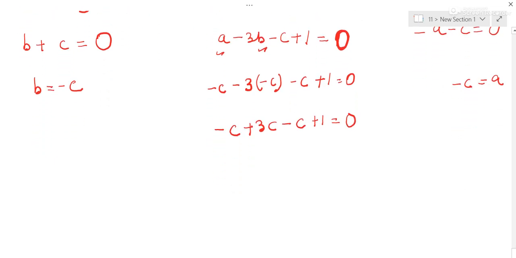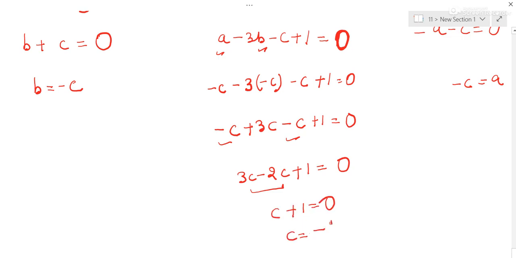So this is coming as 2C minus 2C plus 1... So it is C plus 1 is equal to 0. C is coming as minus 1. We'll substitute here C. So we are ready with B. B is 1. We'll substitute here C. So A is also found.